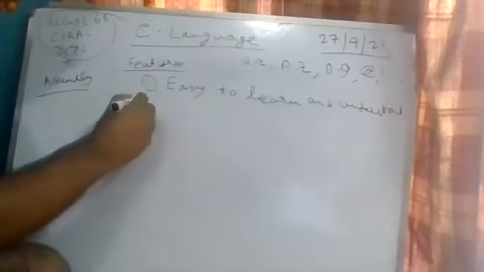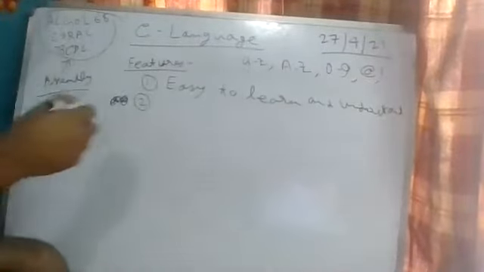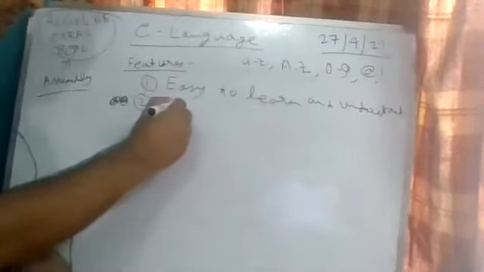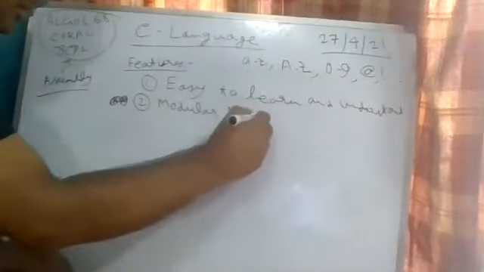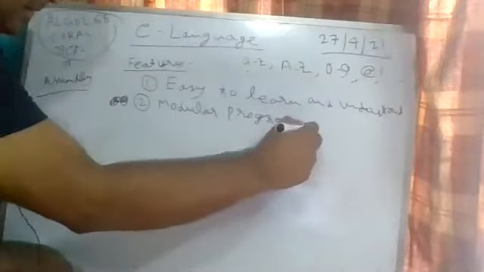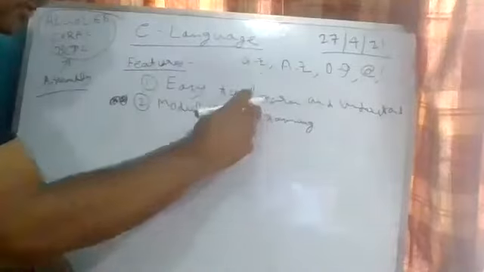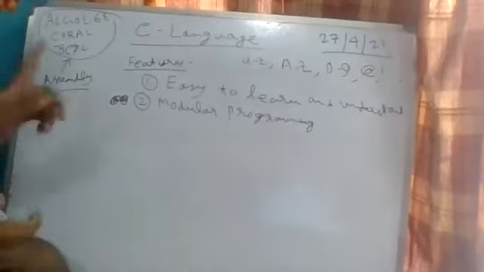The second feature, a very important feature: C was the first programming language which introduced the concept of modular programming. This modular programming concept made C one of the most powerful languages at that time.